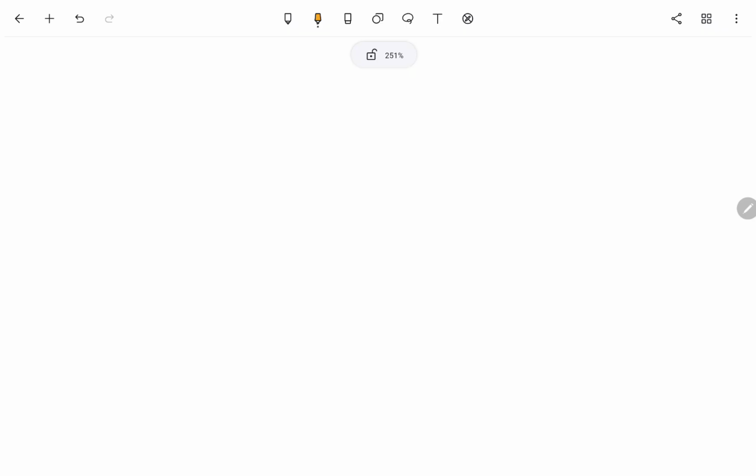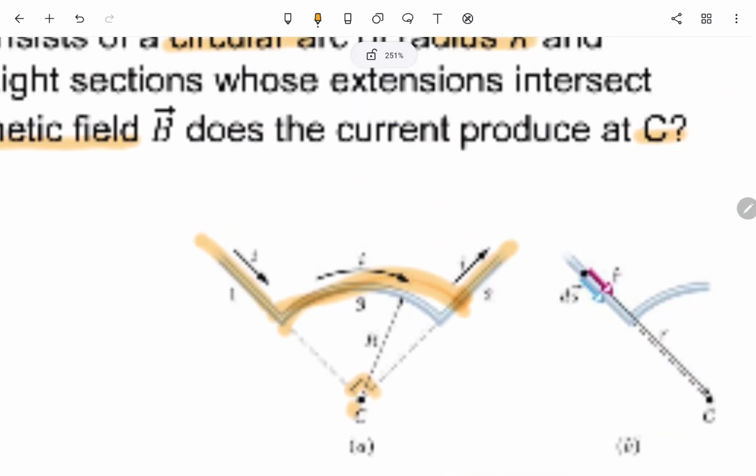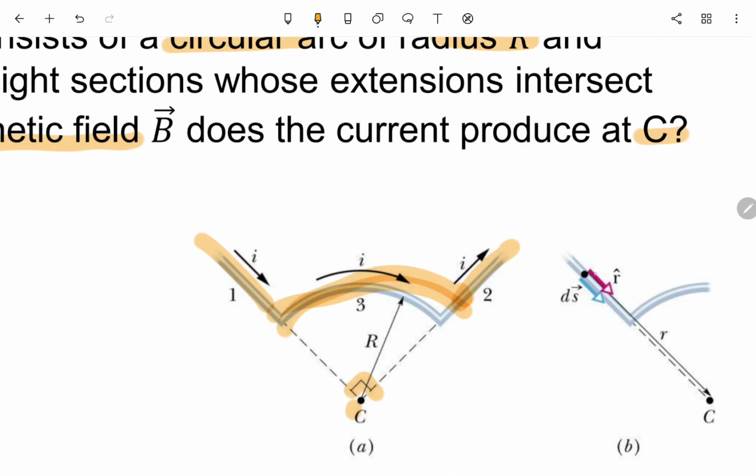Here we have segments 1, 2, and 3. For the first part, dl follows the direction of the current, and R is the direction from this segment to the point we are concerned with. R hat is the unit vector in that direction.